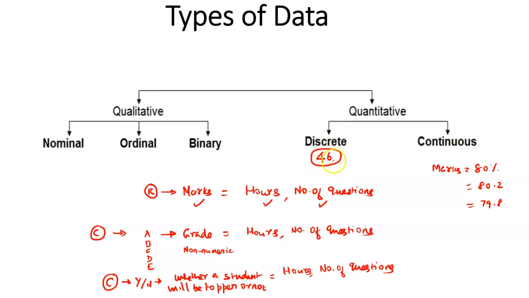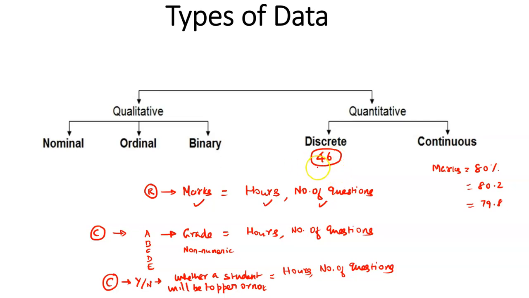Can I represent 46 as 46.1 or 45.8? I cannot. Whereas marks, I can represent as 80, 80.2, 79.8, and so on. That is, in continuous data I can break the data into smaller dimensions. In a discrete type of variable, I cannot split this.